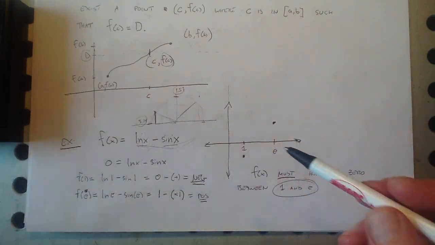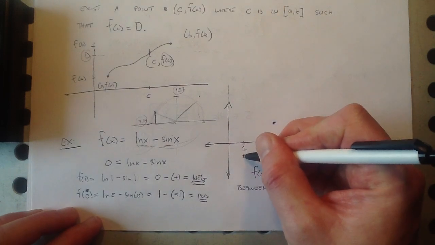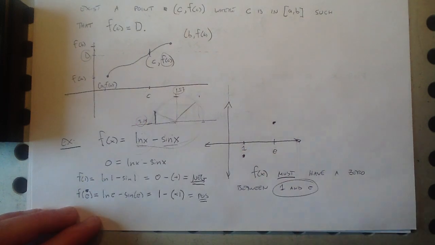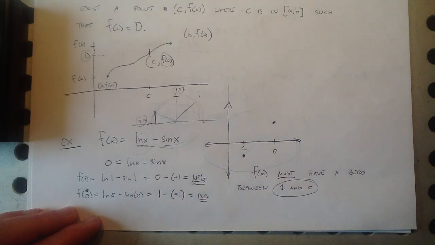So it didn't tell us what the 0 was, but it did tell us that if you're going from negative to positive, you've got to cross the x-axis. That's one way you can ground that theorem in a real example.